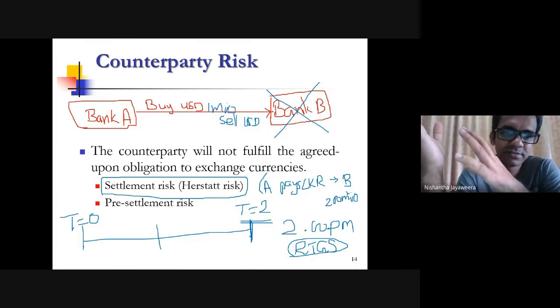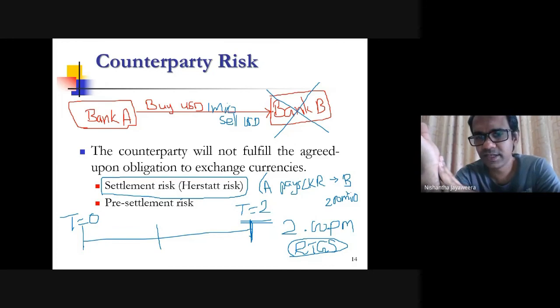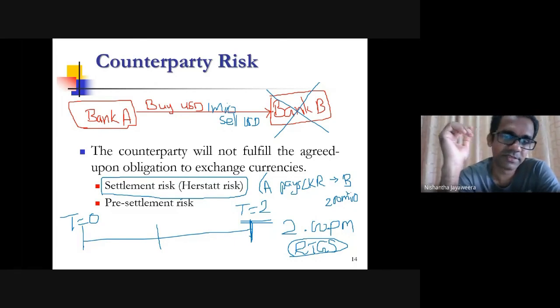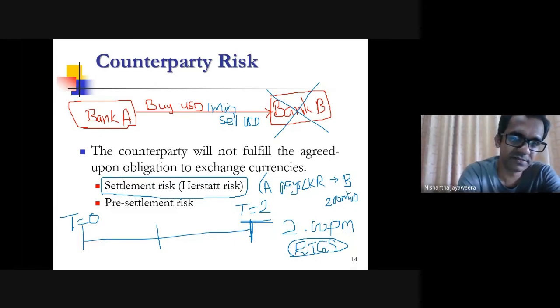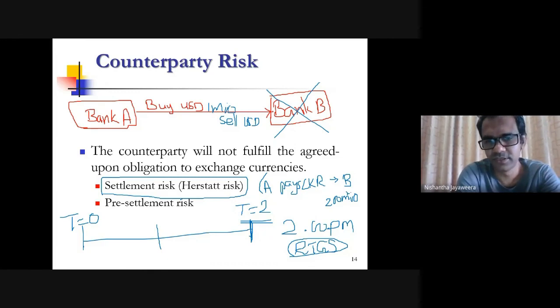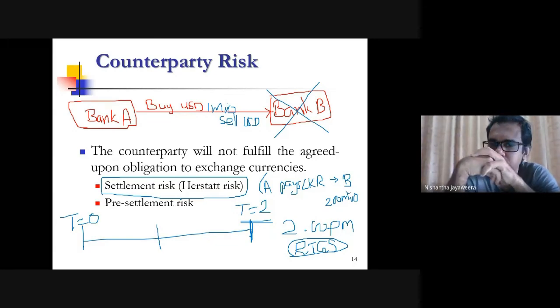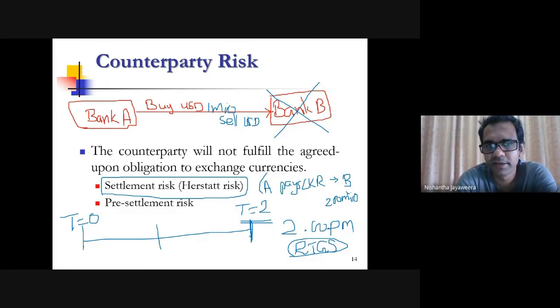In the morning, maybe around 9:30 Sri Lankan time, you have to settle your yen amount, but you may not receive the dollar amount in the US until midnight Sri Lankan time. In between, almost 24 hours, your counterparty may go bankrupt and you may not receive your dues. That is the settlement risk.